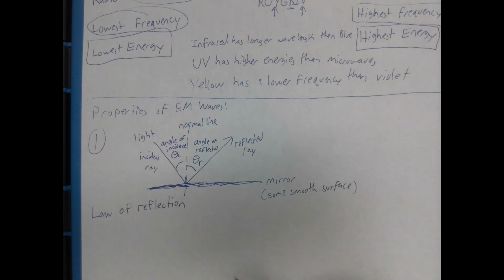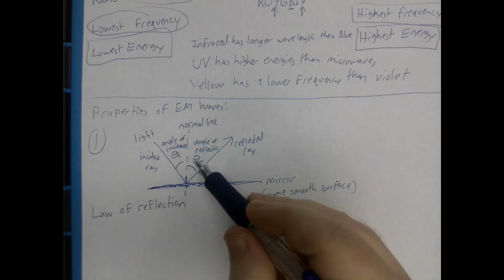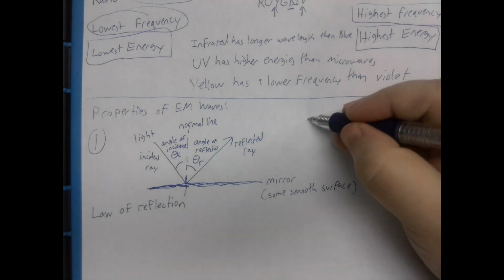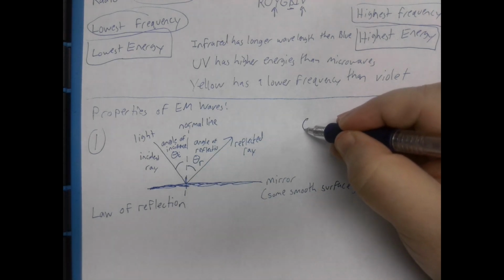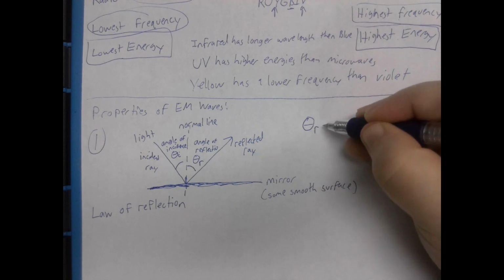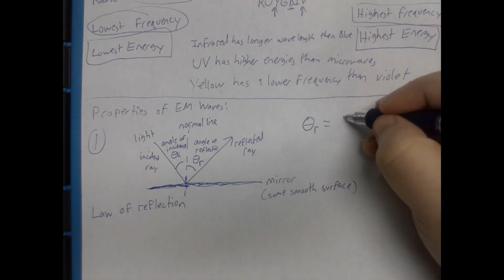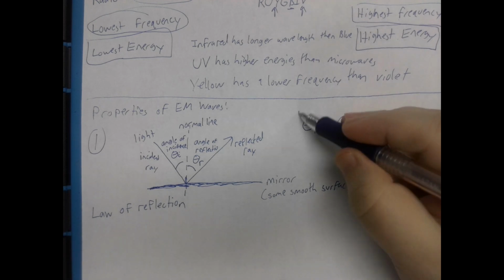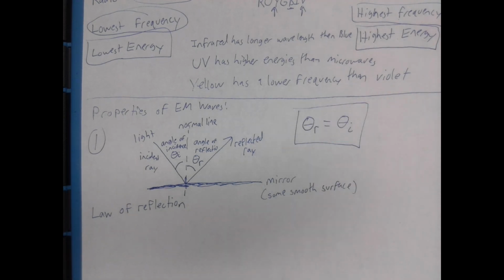And to find out what degrees it'll reflect off, one of the most advanced equations in physics, theta R is simply theta I. This is known as the law of reflection.